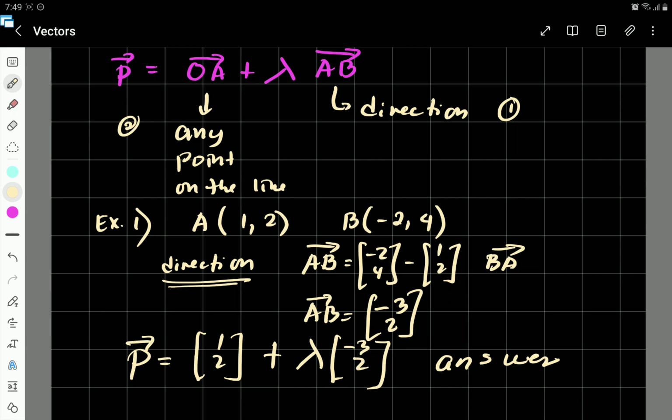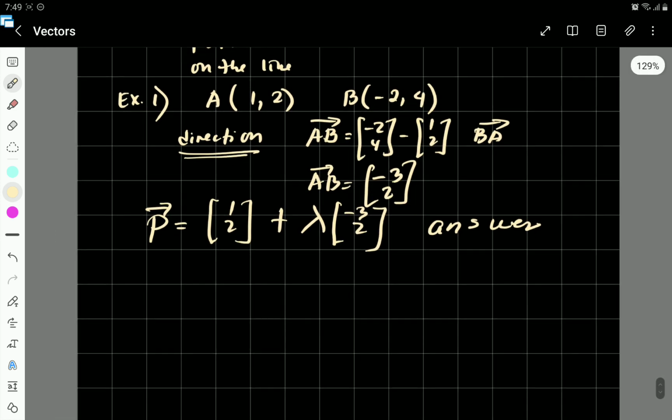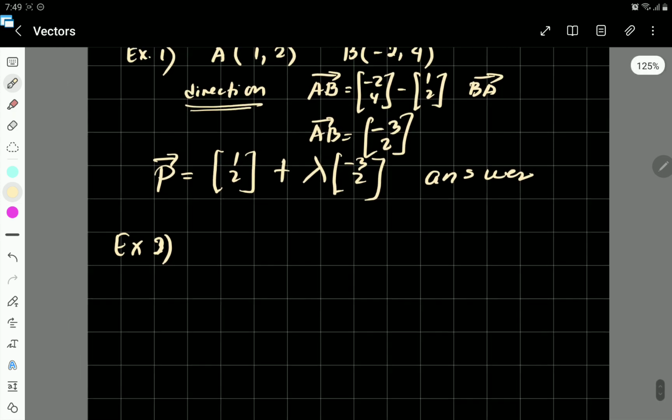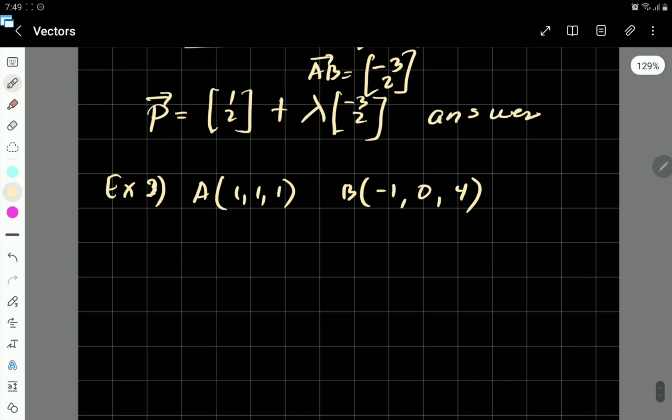Okay, so let's try to have another example, but this time let's take three-dimensional. Example 2, three-dimensional. I have a point A, and the point A is 1, 1, 1. I have my point B, which is negative 1, 0, 4. And remember this is in 3D space.